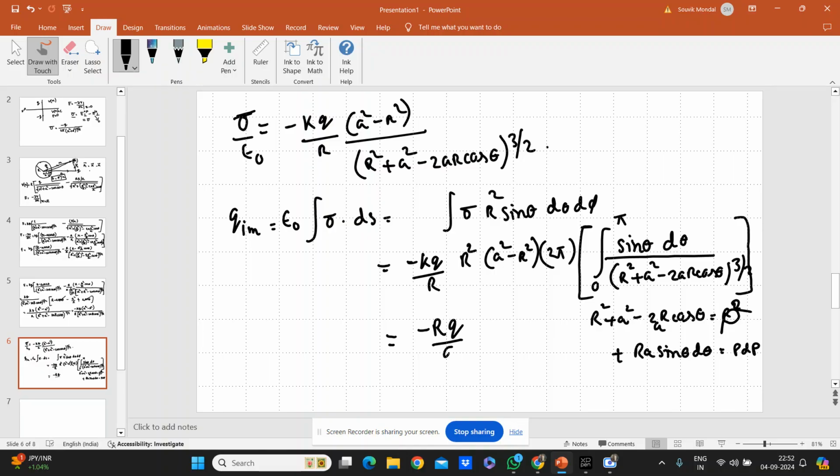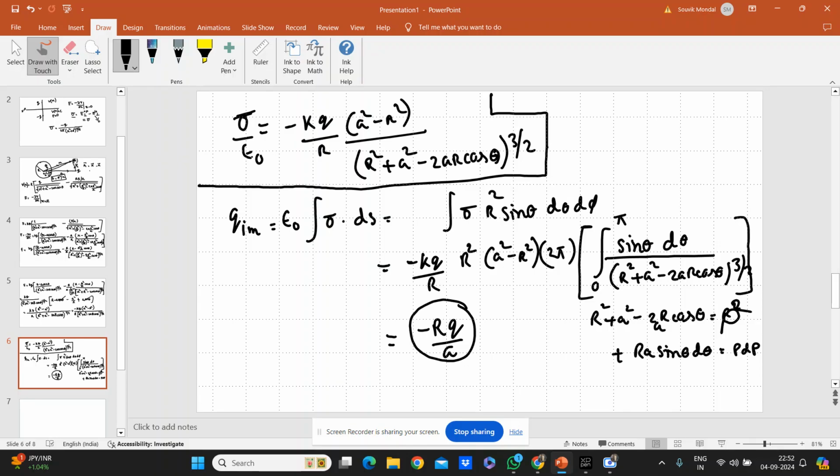So if they ask you what the charge density is, this is the right formula for the charge density. If you have any comment, you can check, and with this theta dependence, you can now plot what the right figure will be.